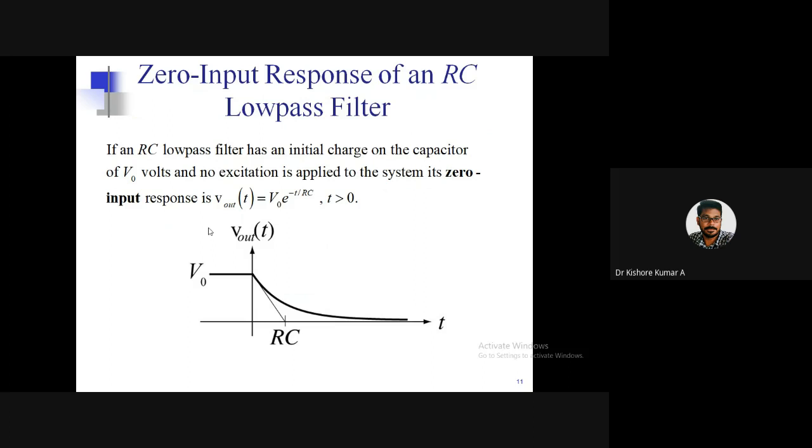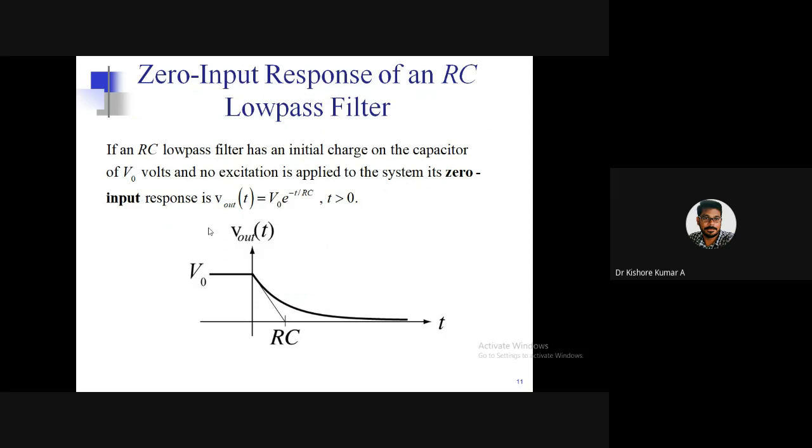If an RC low pass filter has an initial charge on the capacitor, say V0 volts, and no excitation is applied to the system, that is zero input, then you will have the output response V out of t equal to V0 times e to the power minus t by RC. That is the zero input response of an RC low pass filter, and the representation is clearly given in this diagram.